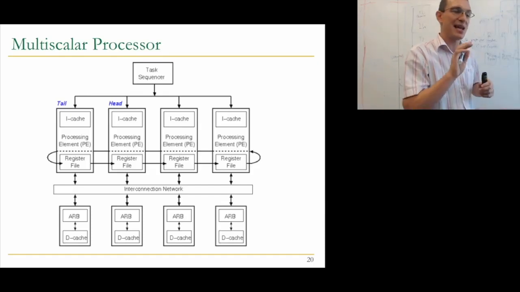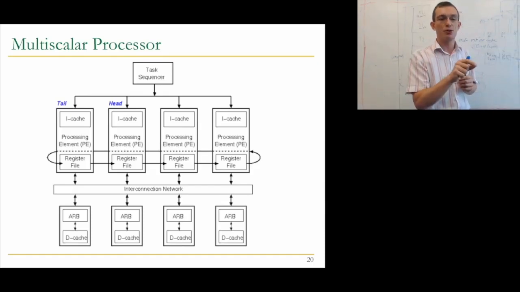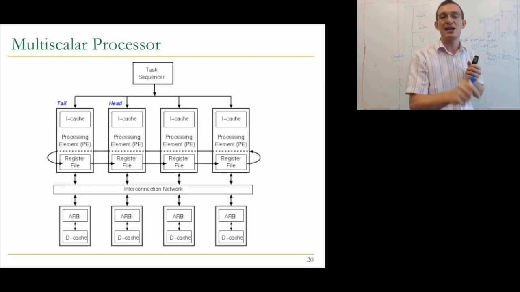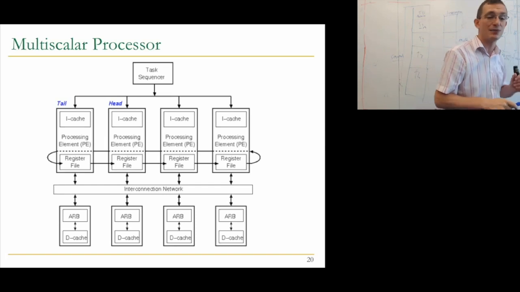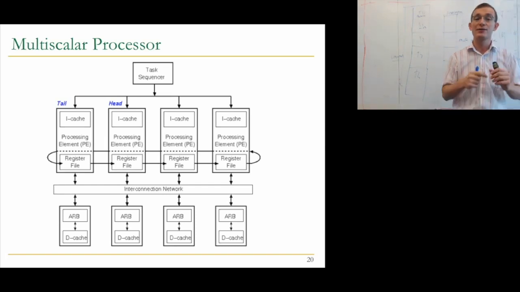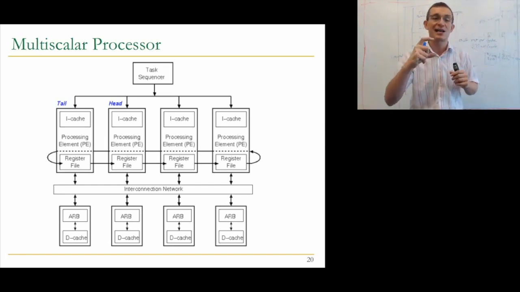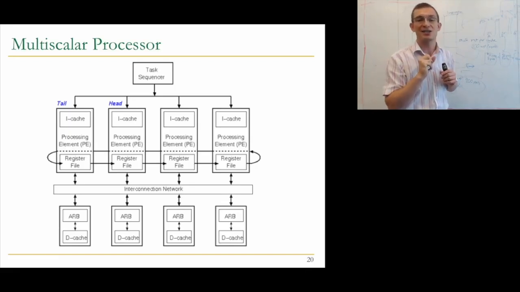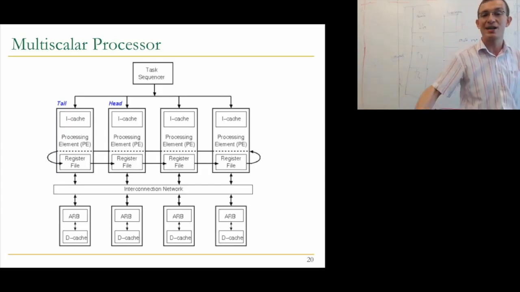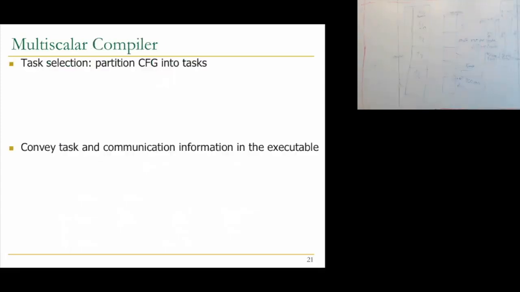Basically, an earlier task sends a produced value, and the consumer task captures the consumed value from the ring and sets the full bit or ready bit of the register that it's waiting on. And how does it know to wait for the register? Well, the compiler specifies that this register is actually going to be produced by some other task that's earlier than you, because the compiler can analyze those dependencies, right?